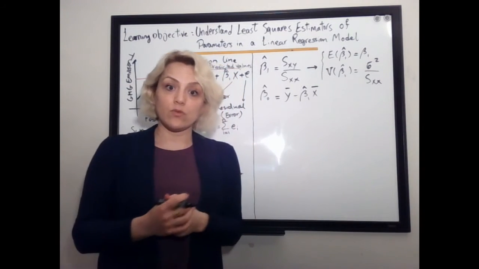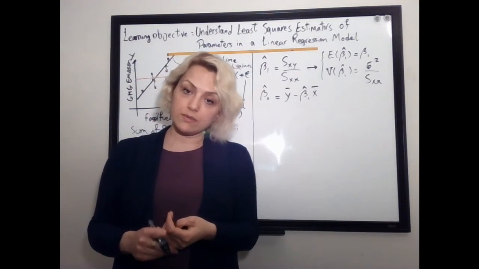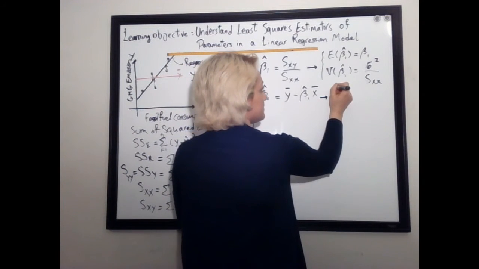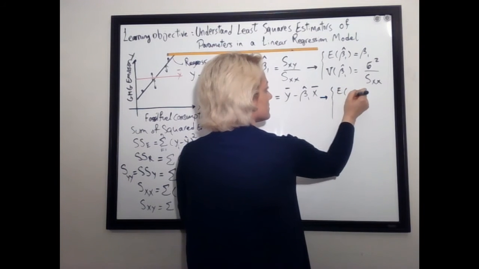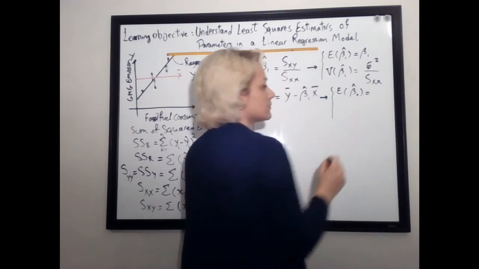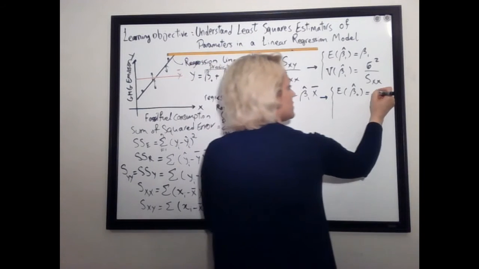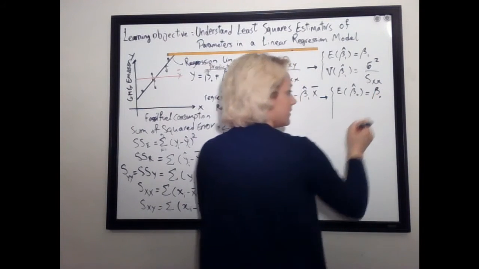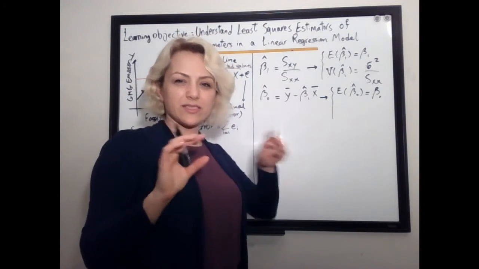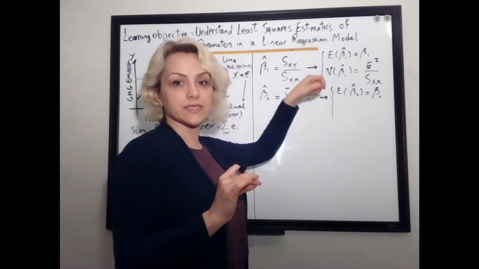The next thing that we want to do for the beta null is the expected value of the beta null estimate and also the variance of it. For the expected value of the beta null estimate, it's going to be equal to the beta null. And for the variance of it, the equation is a little longer than the equation that we have for the variance of the beta 1.